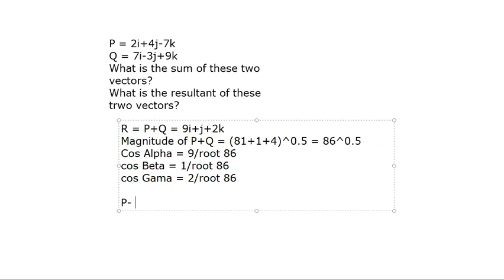P minus Q will be equal to minus 5i plus 7j minus 16k cap, right? This is P minus Q. Suppose this is S. S is equal to P minus Q, equal to minus 5I cap plus 7J cap minus 16K cap.